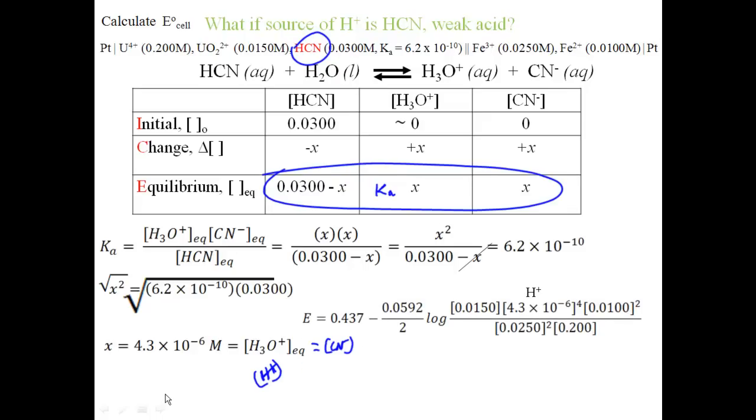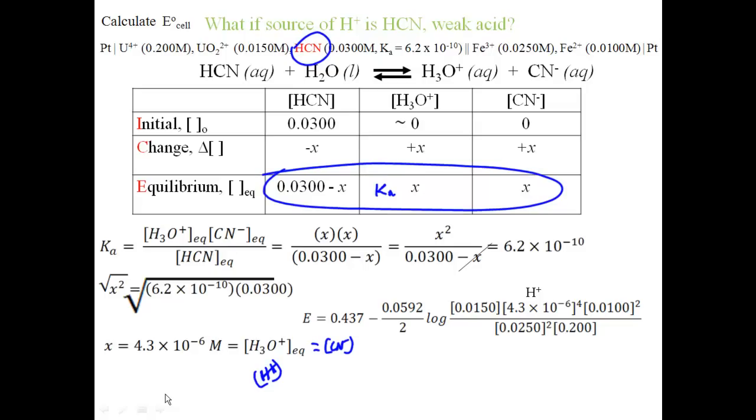I know that E is equal to 0.437 minus 0.0592 divided by 2 because there's 2 electrons transferred, times the log of my 0.015 and my 0.01 squared for the concentrations. My 0.025 squared and my 0.2, all those stay the same. Nothing changed in that.